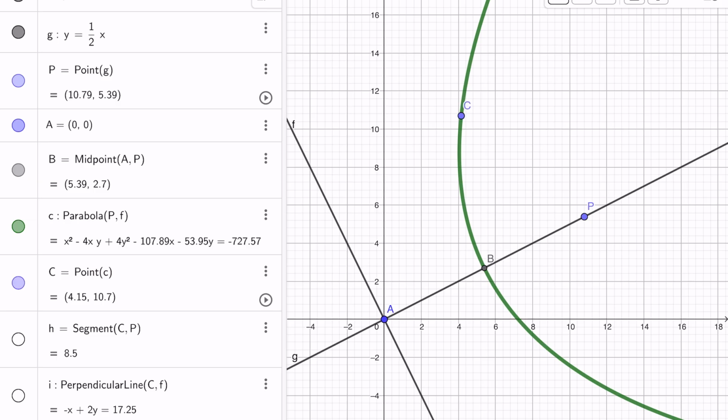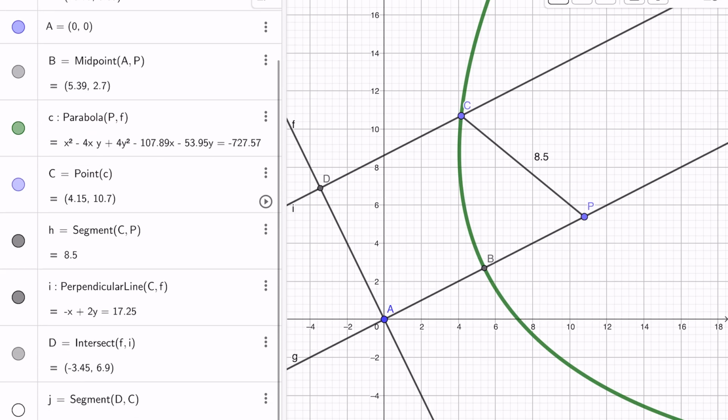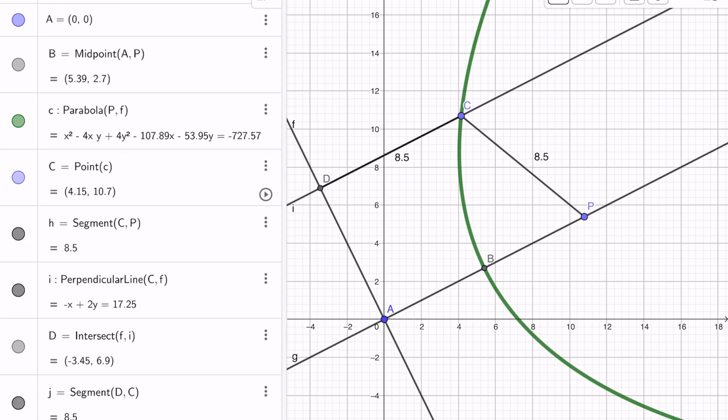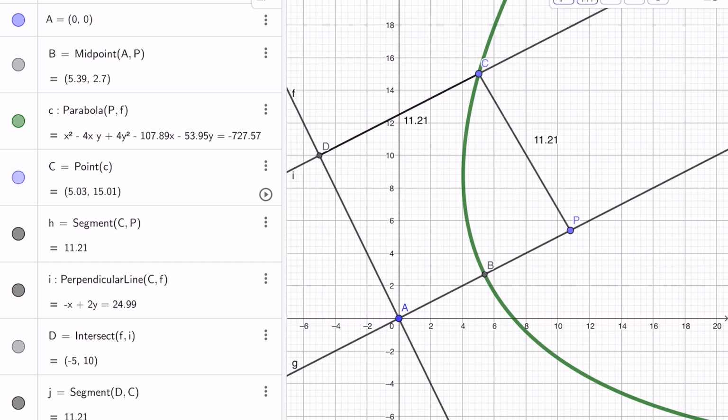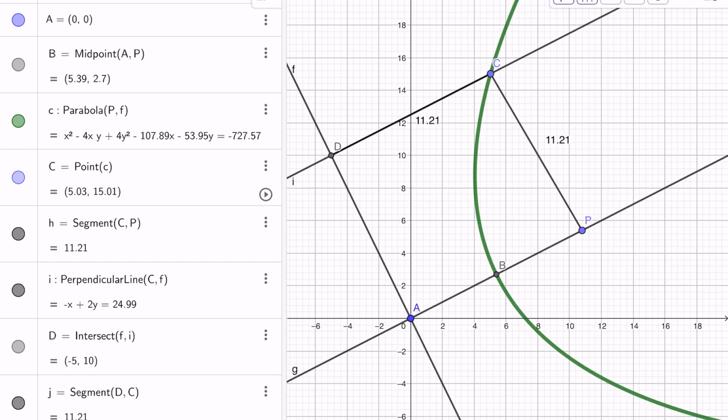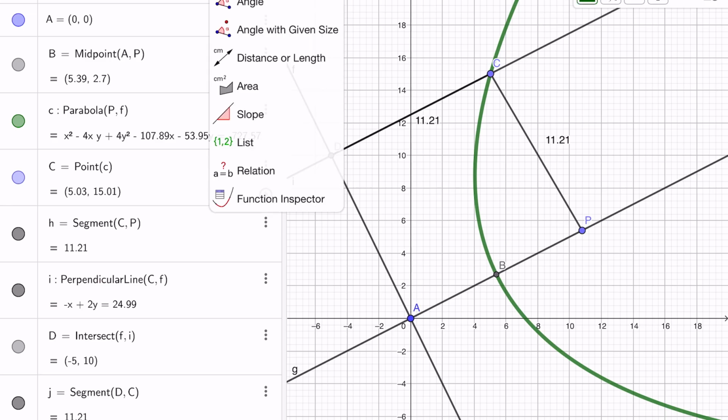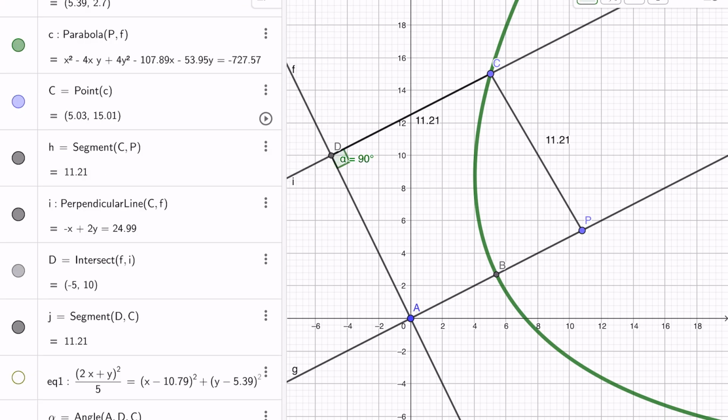Point C is any point that's on the parabola, and then I show you that those distances there, eventually, there we go, they are equal. And if I move point C to somewhere else on the parabola, those distances are different, but they're also equal. I should have mentioned from the outset that when we talk about a distance to a line, we're talking about a perpendicular distance. So that angle there, 90 degrees.